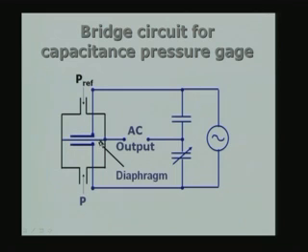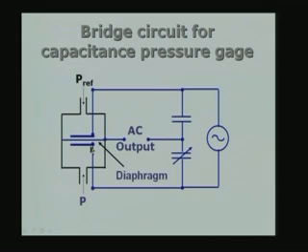This diaphragm is going to undergo a small displacement, and now I have got two fixed plates which are very sturdy, and which are not going to undergo any change in their position because of the applied pressure. These are the two electrodes, two parallel plates.